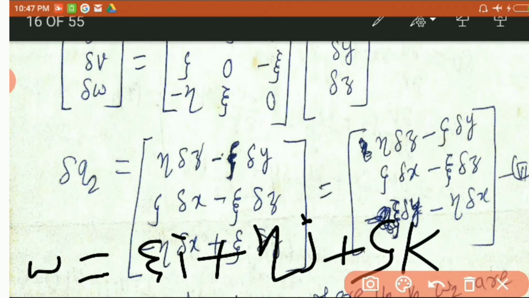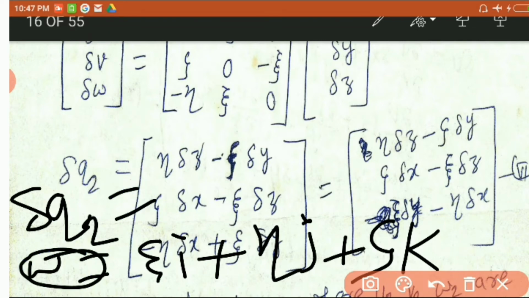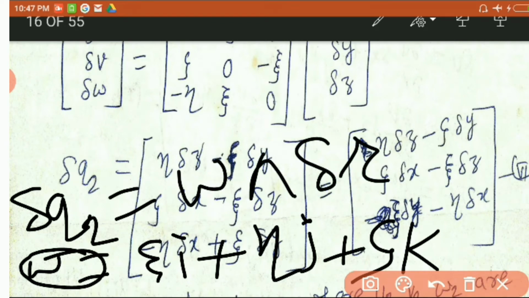Then we get this delta q2 is equal to omega cross delta r, and this shows that this delta q2 is ascribable to a rigid body rotation with angular velocity omega.